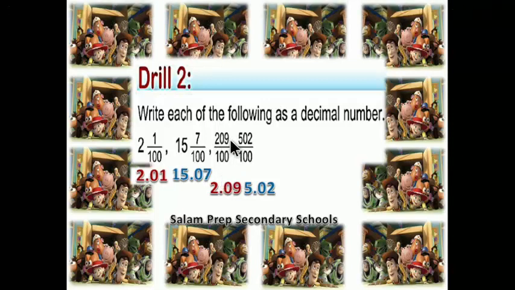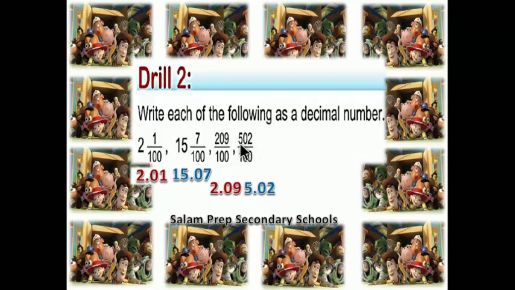Put the decimal point here, beside 209. Now 100 has 2 zeros, so the decimal point will move backward 2 steps, okay? The answer will be 2.09, 2 and 9 hundredths.